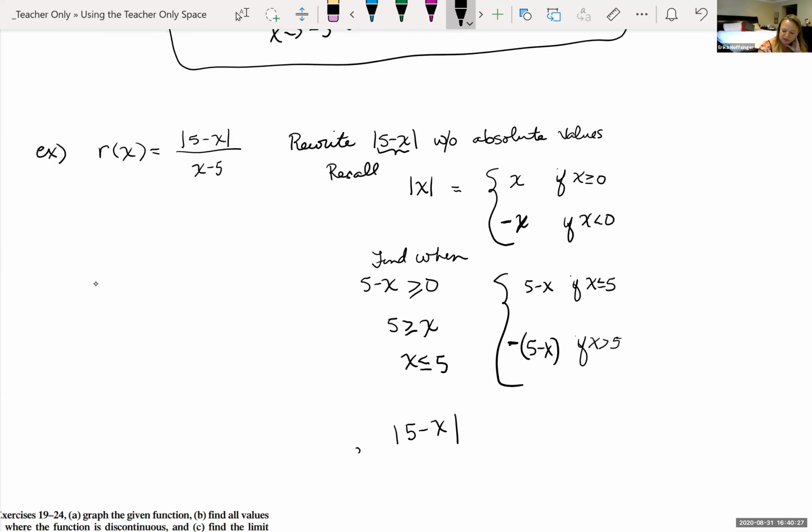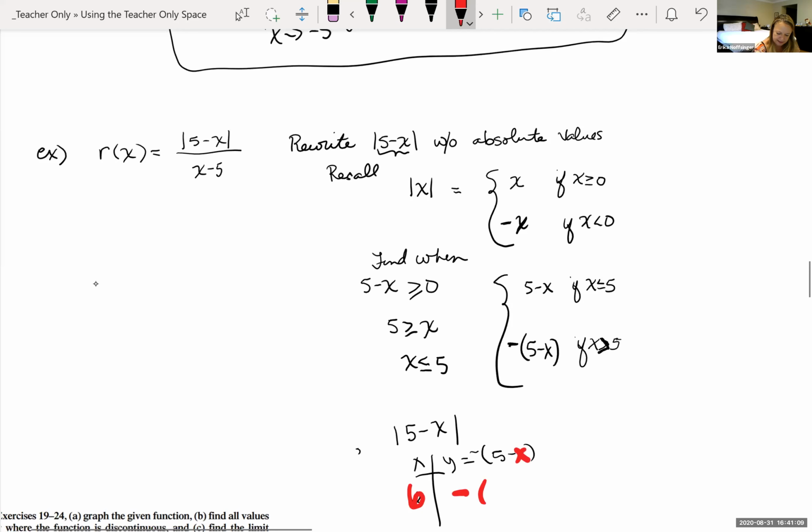Just to show you that's true, if I chose some number that falls in one of these categories, so let's say 6. 6 is bigger than 5, so that tells me I'm using this equation. I plug in 6 wherever I saw an x. This says I would get back the result of negative 5 minus 6.